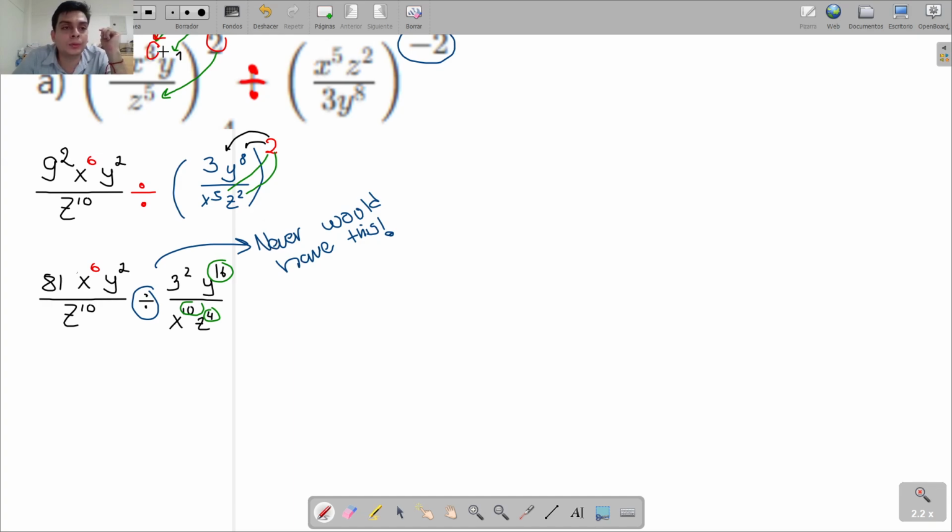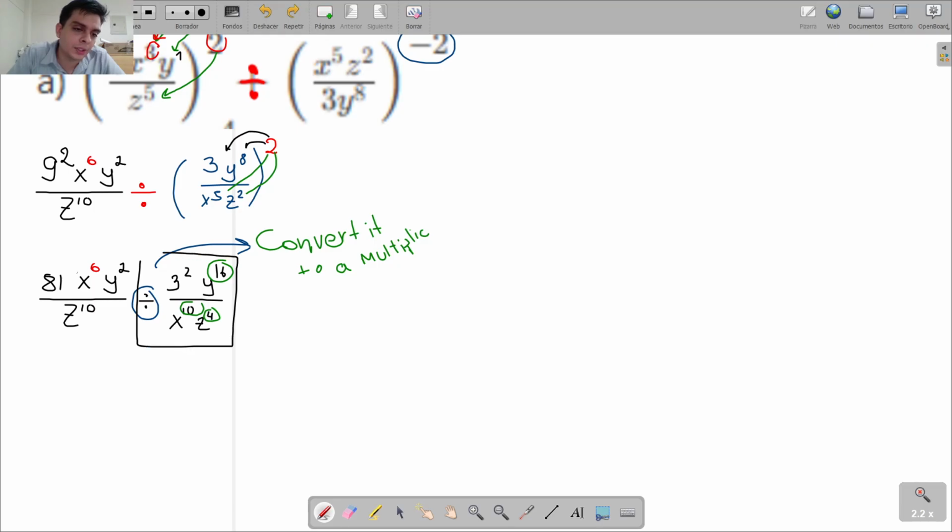So what we have to do with this is convert it to a multiplication. When you convert this into multiplication, there is only one rule. The fraction here, we have to flip it. We are going to flip it in places.